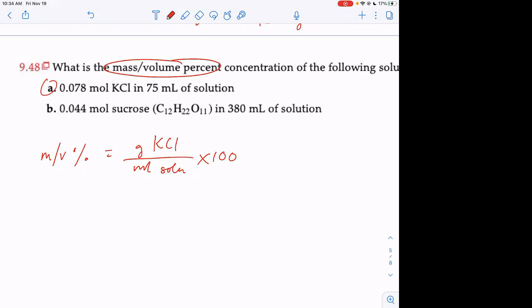What do we need to do? How do we need to solve for this? Do we do moles to grams? Mm-hmm, and plug it in. That's it. So molar mass of KCl.